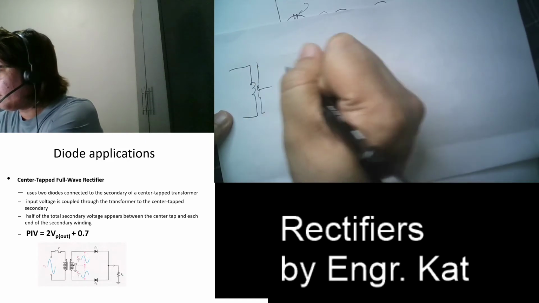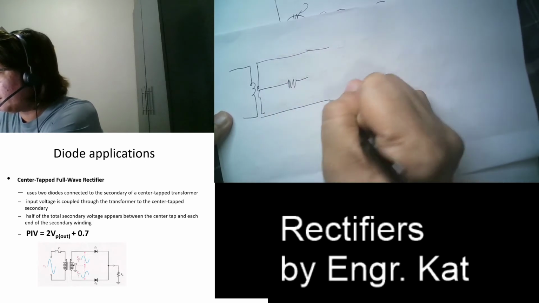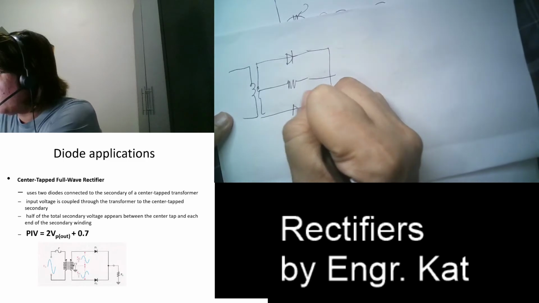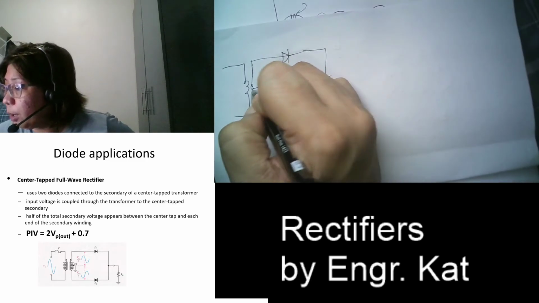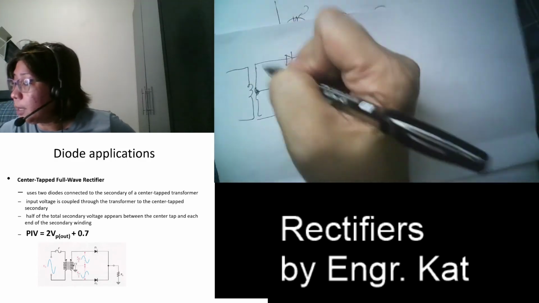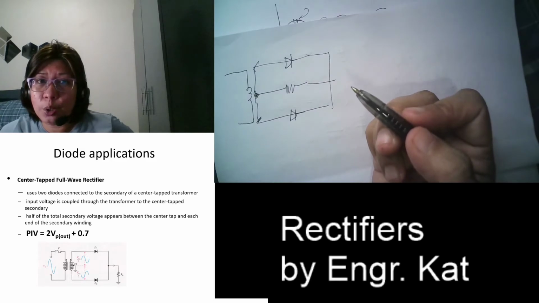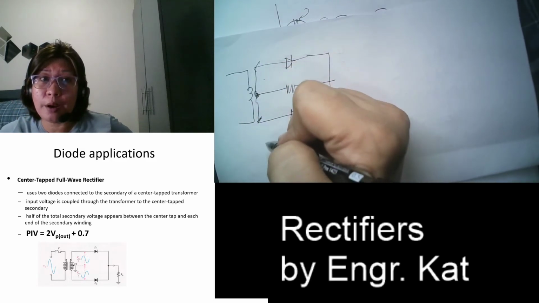So your transformer is center tap. So let us place your load here. So we have here your first diode, and we have here your second diode. So when we say center tap transformer, if this is our full secondary voltage, this will just have half of those 2 secondary voltages.